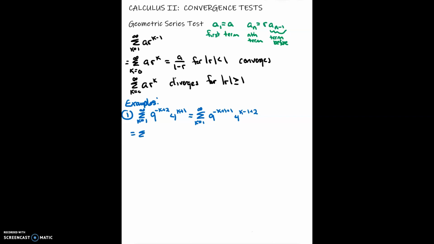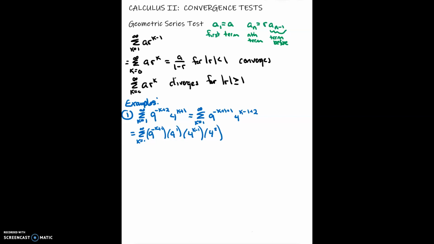So this is 9 to the negative (k minus 1) times 9 to the 1. The 4 we can write as 4 to the k minus 1 and 4 squared.